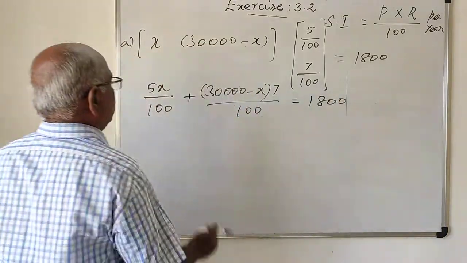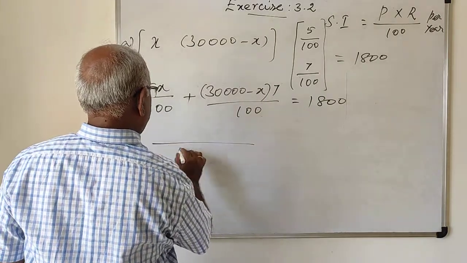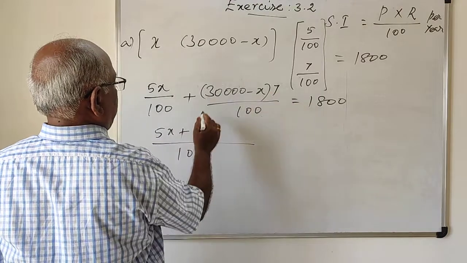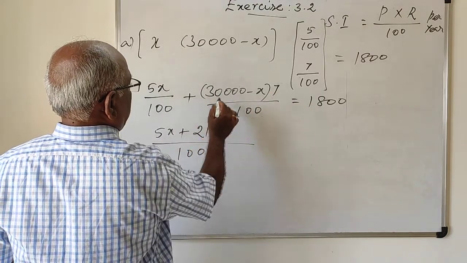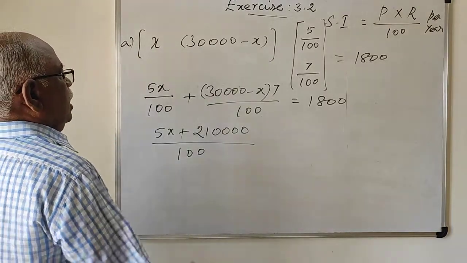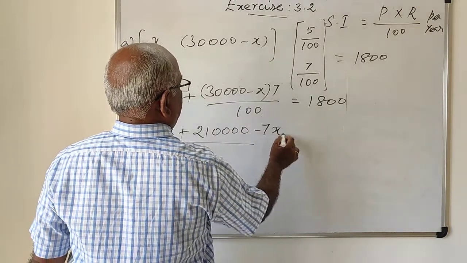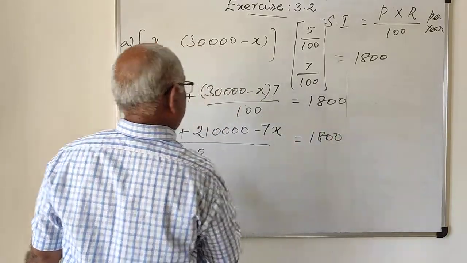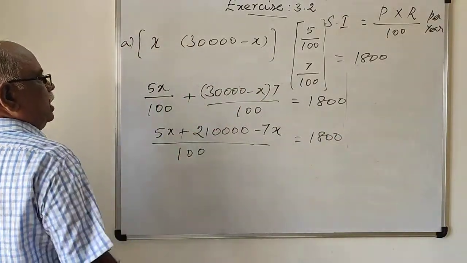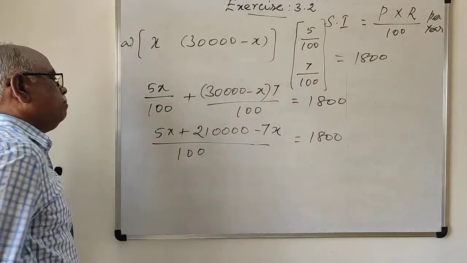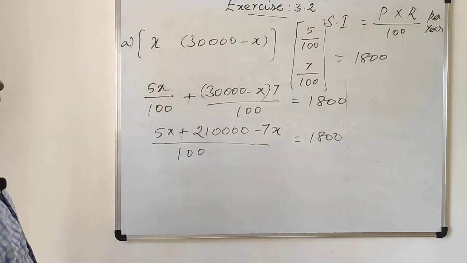1800. By taking the common LCM as 100, this is 5x plus 7 into 30,000, which is 2,10,000, minus 7x, equal to 1800 into 100.